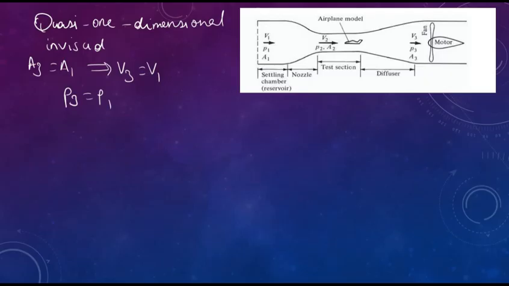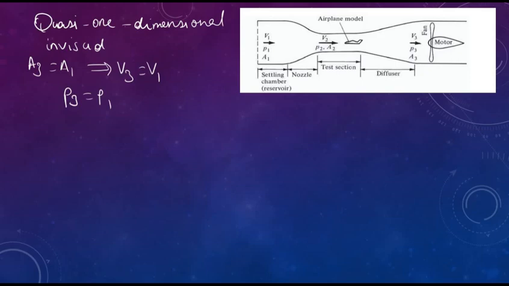So if there is no pressure difference in the entire circuit, that is the wind tunnel, if that was existing in real, what would happen? The application would run without any power.